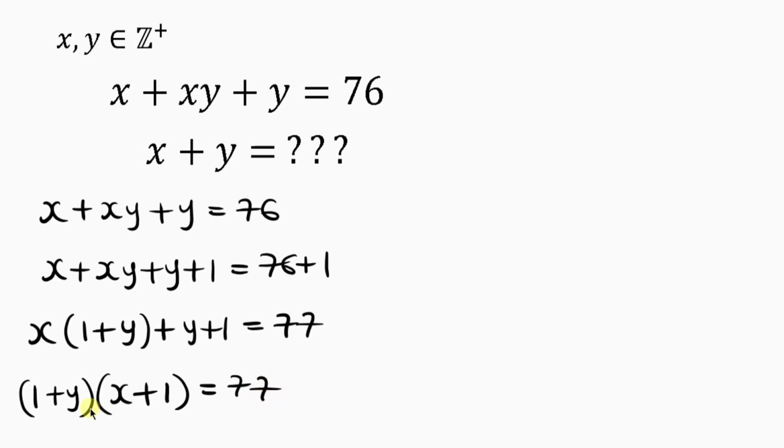Cool. So now notice that this factor multiplied by this factor gives 77. So our next step is to look for the factors of 77. I'm going to be writing this factor first, which is 1 plus y, and I'll also write this other factor, which is x plus 1. So this is going to be equal to, now what are the factors of 77?